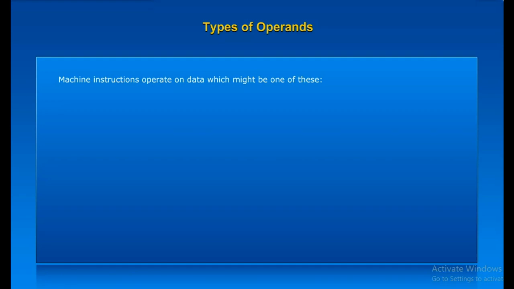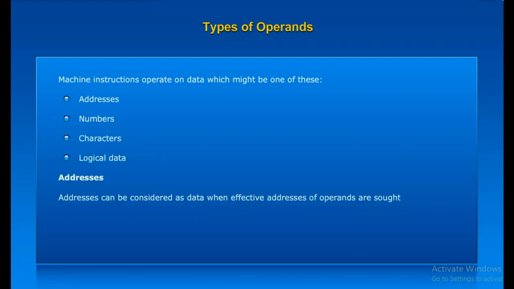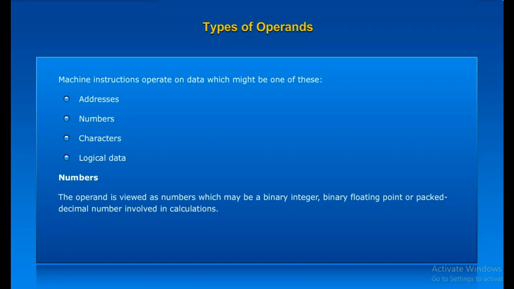Machine instructions operate on data which might be one of these: addresses, numbers, characters, and logical data. Addresses can be considered as data when effective addresses of operands are sought. Calculations must be performed on the operand reference in an instruction to determine the main or virtual memory address. Numbers are another type of operand. It can be a binary integer, binary floating point, or packed decimal number involved in calculations.